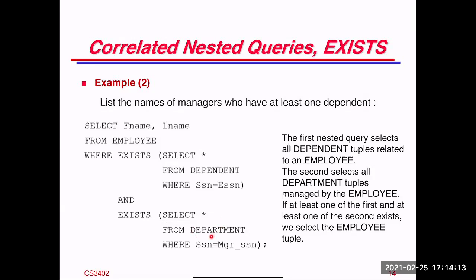Whereas the second nested query here will select all department tuples that are managed by that employee, meaning the manager social security number from our department table is equal to the social security number attribute of the employee that we're looking at. So you can see that we have an exists here and also an exists here. Both of these conditions need to hold because we combine them with an and. So we want the employee to be manager of some department, and we want that employee to have at least one dependent.